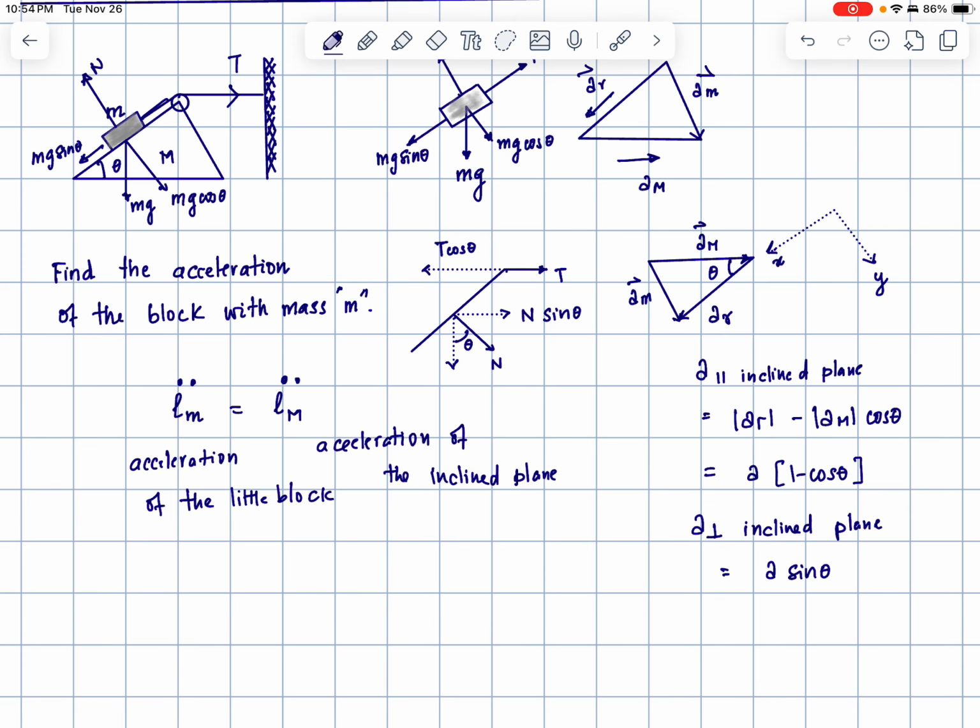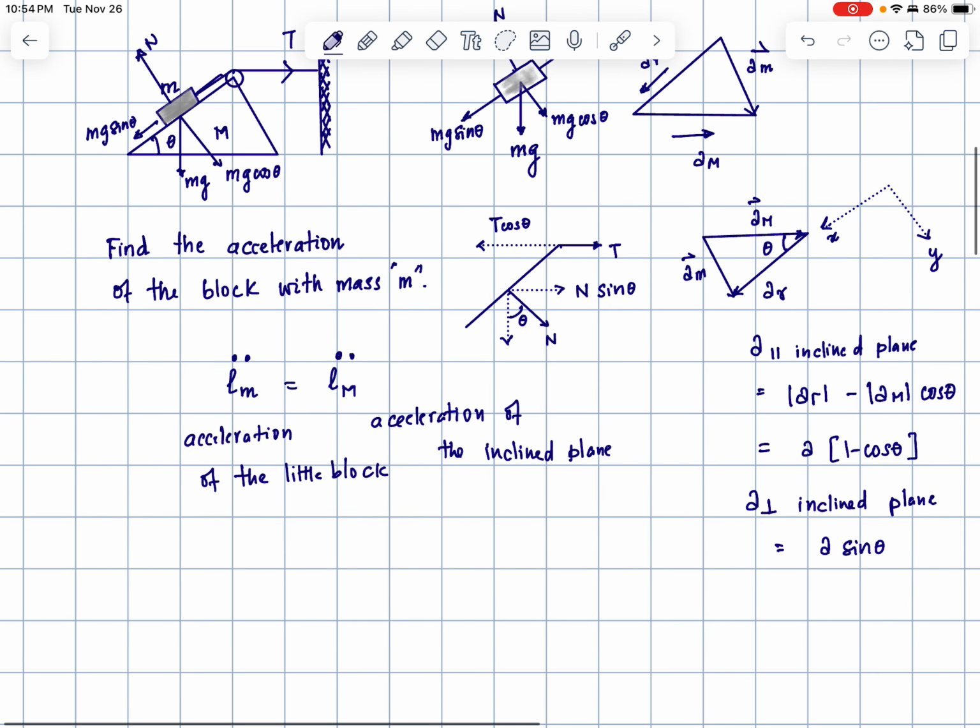If you write the equation of motion for the little block along the inclined plane, then write Newton's law, we get mg sine theta minus T equals m times a times (1 minus cosine theta), because that's the acceleration that is parallel to the inclined plane.